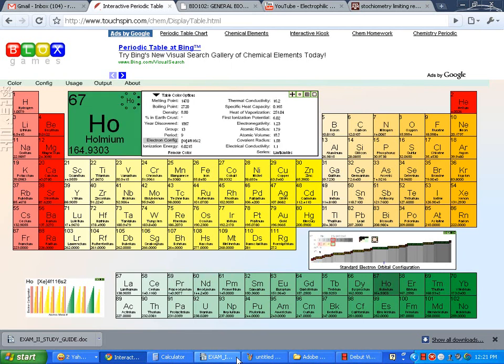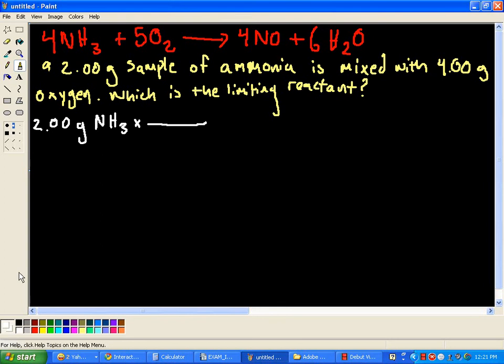So we go back here, and nitrogen is going to equal 14.01. We can keep nitrogen as that, just by rounding it to 4 significant figures. And then H3 is going to be 3 hydrogens times hydrogen's mass, which I know is 1.0079 times 3.